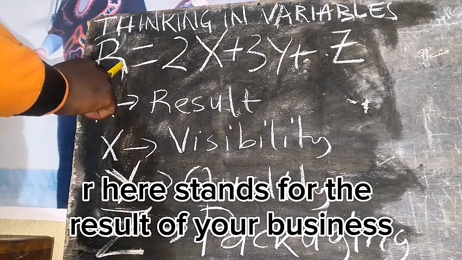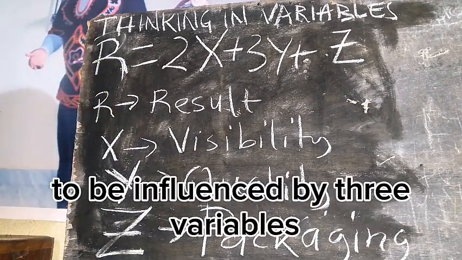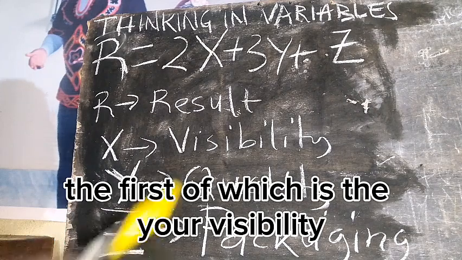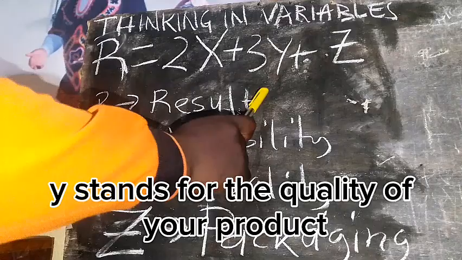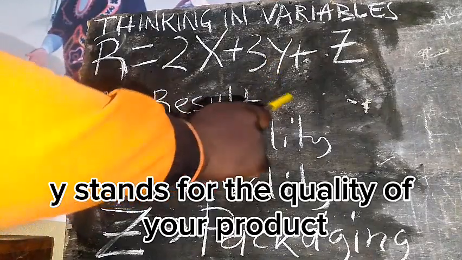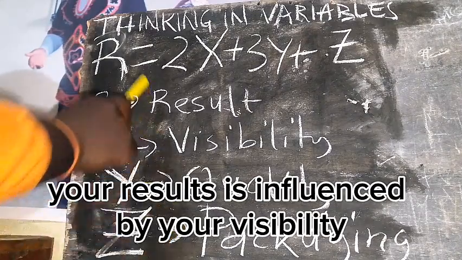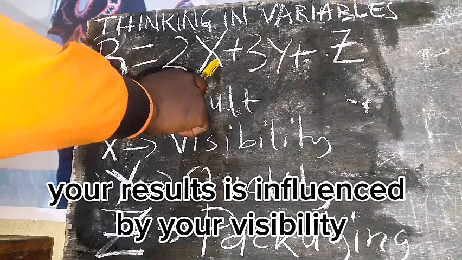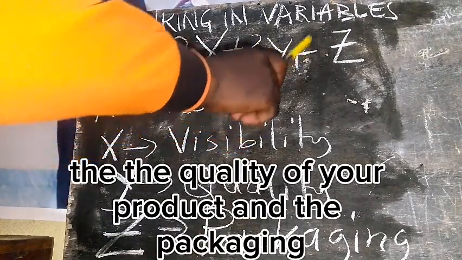R here stands for the result of your business, and we have simplified it to be influenced by three variables. X stands for visibility, Y stands for the quality of your product, and Z stands for your packaging. You see, your result is influenced by your visibility, the quality of your product, and the packaging.